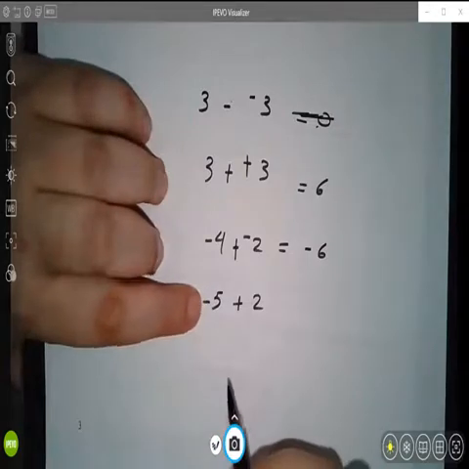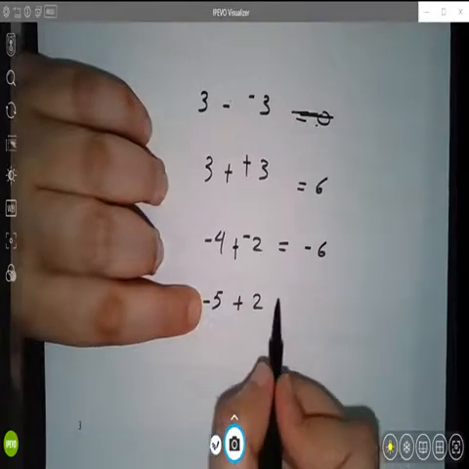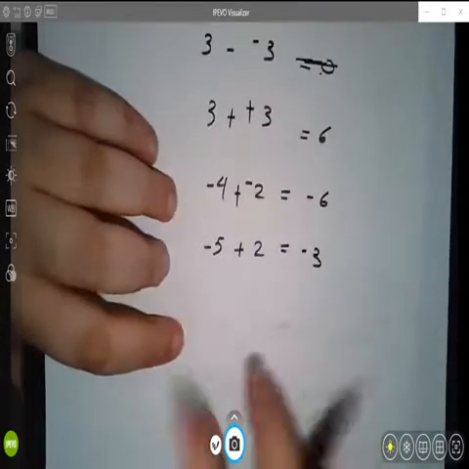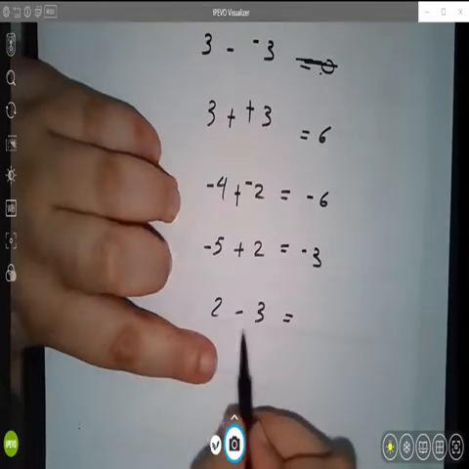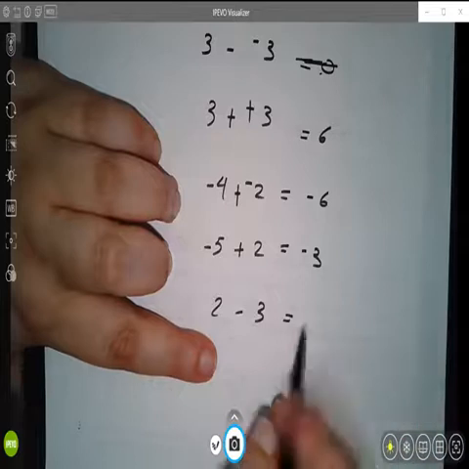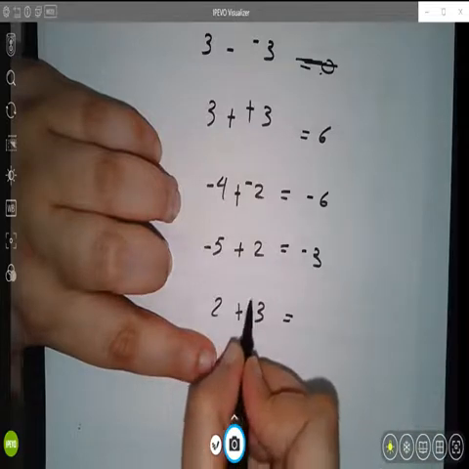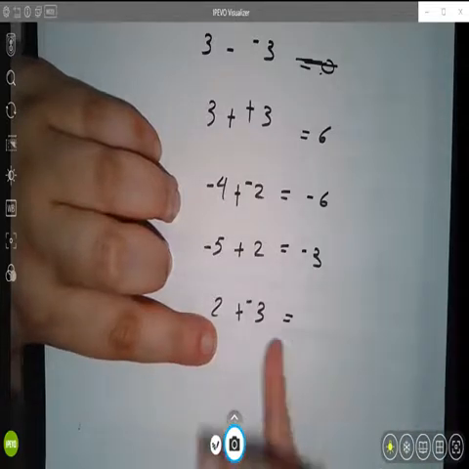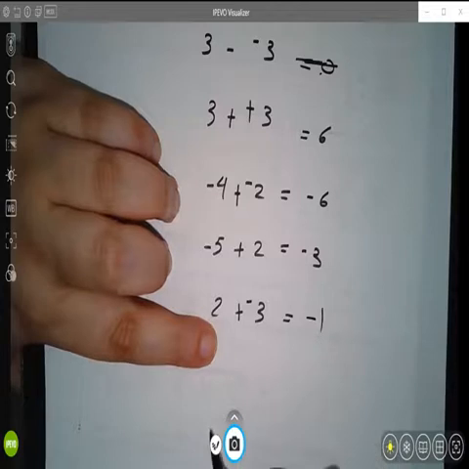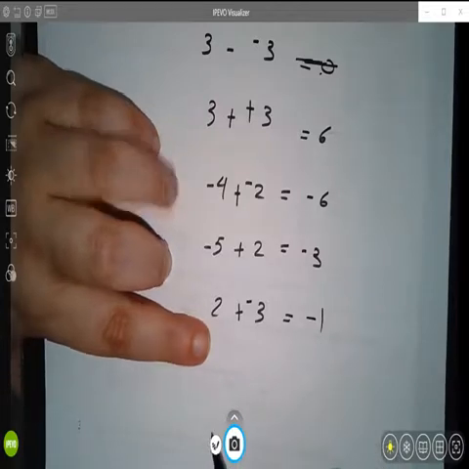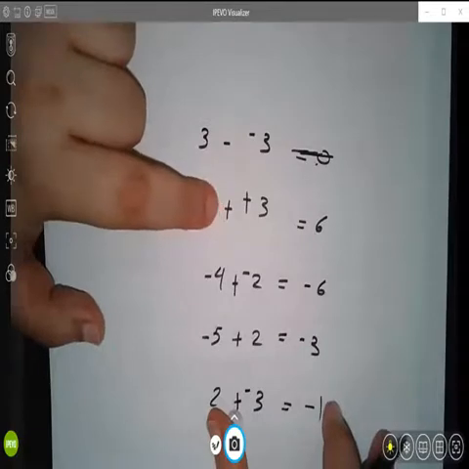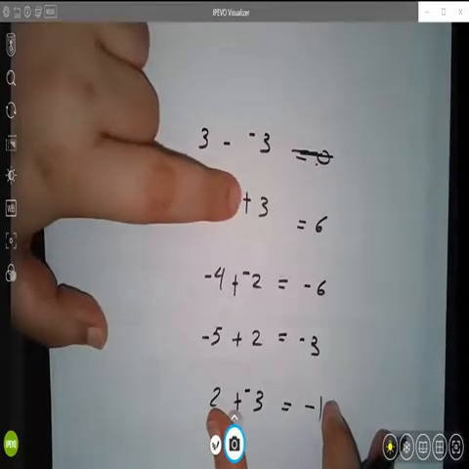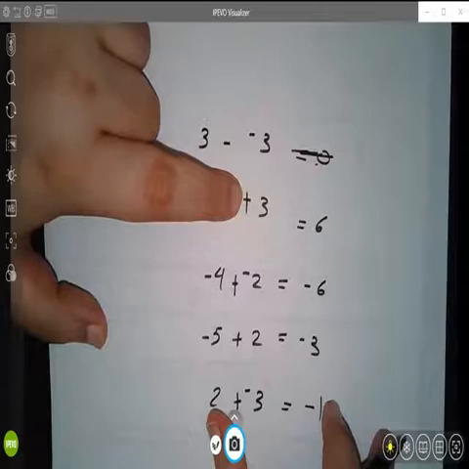You don't flip the first one. That's a sign. You just add this. And this is -3. What if I give you 2 minus 3? You can flip this. You don't have to. It's easy to just solve. But you can. And if you do, flip, flip. So 2 plus -3 is -1. Does that make sense? So whenever you have subtraction, you can technically turn it into addition. But once you do that, you have to flip the sign of the number that comes afterwards.